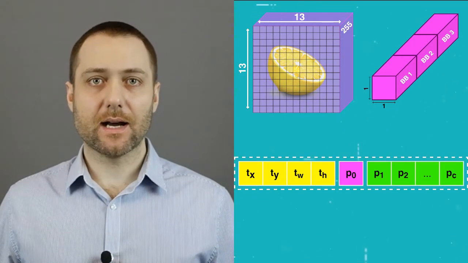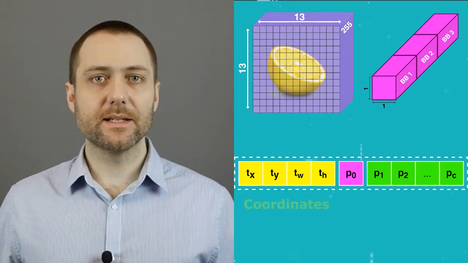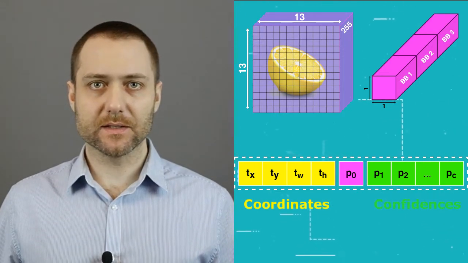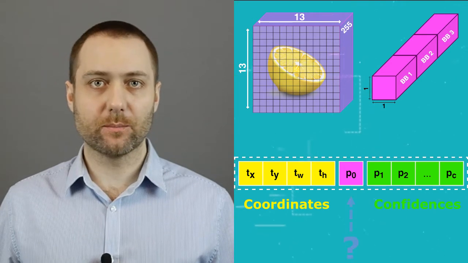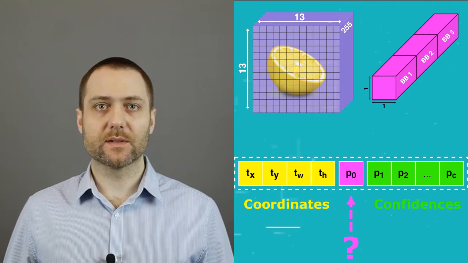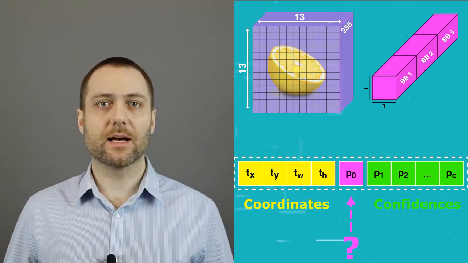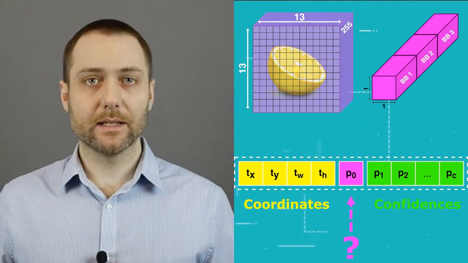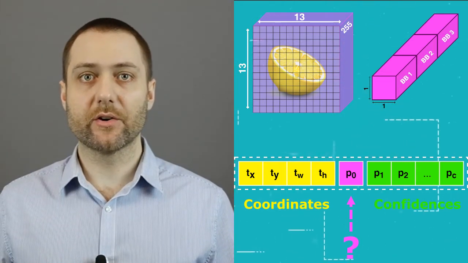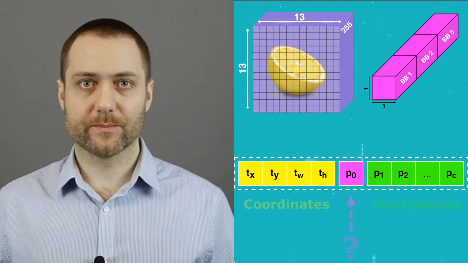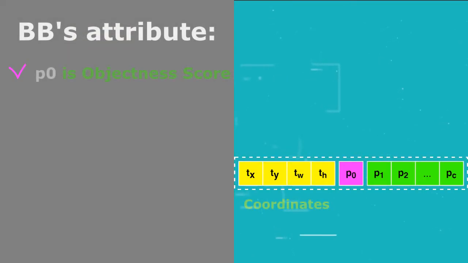These attributes are tx, ty, tw, th, p0, and 80 confidences for every class this bounding box might belong to. And these outputs are used later to choose anchor boxes by calculating scores, and to calculate predicted bounding boxes' real width and real height by choosing anchors. p0 here is the so-called Objectness Score.